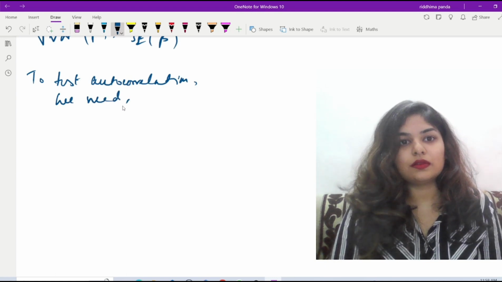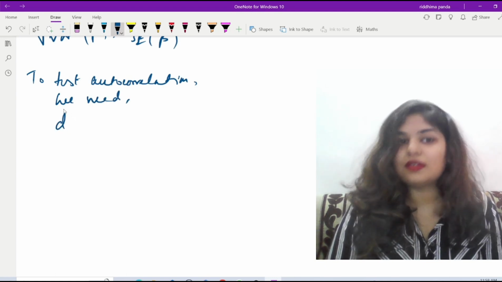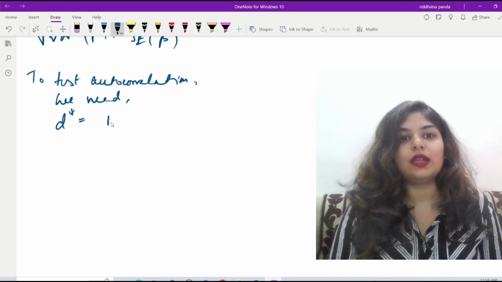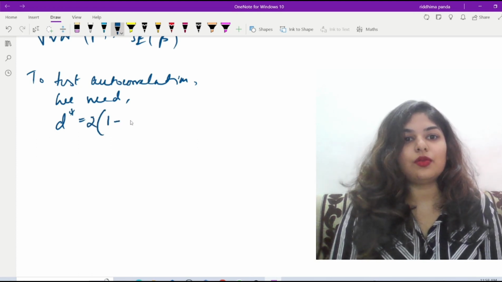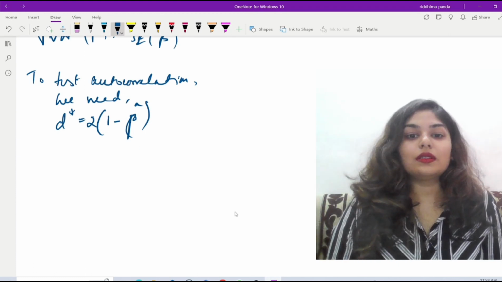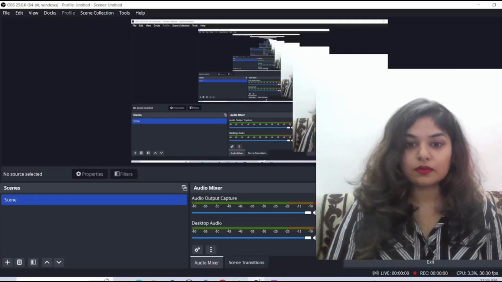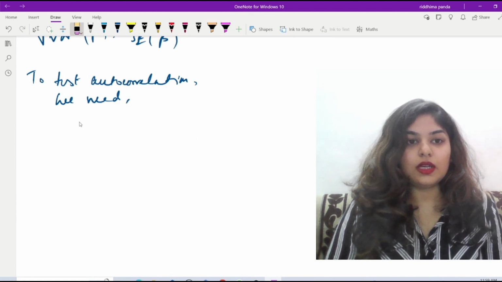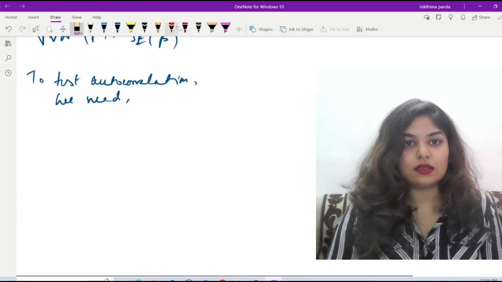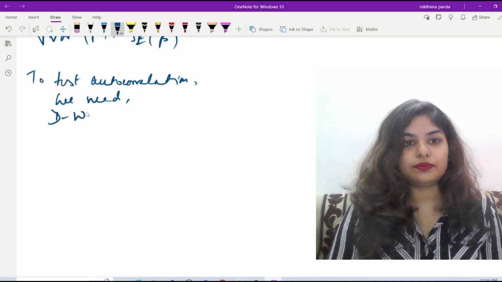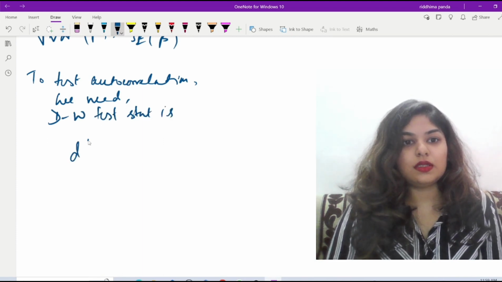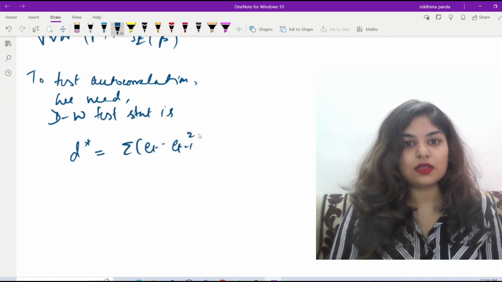To test autocorrelation we need the Durbin-Watson test, where d star equals 2 into 1 minus rho hat. The DW test statistic is d star equals summation (e_t minus e_{t-1}) whole square by summation e_t square.